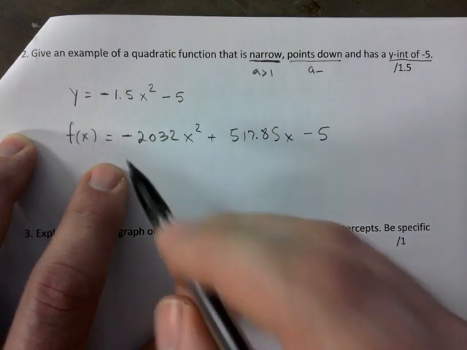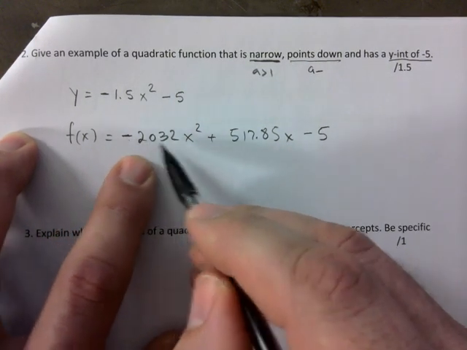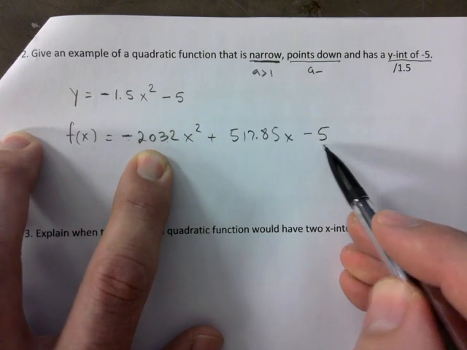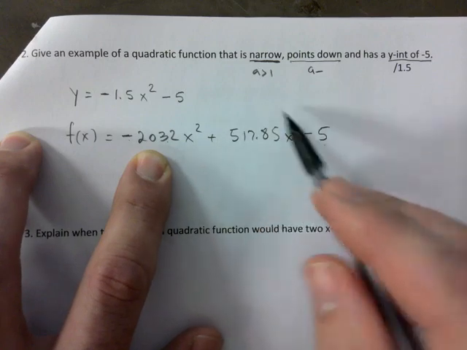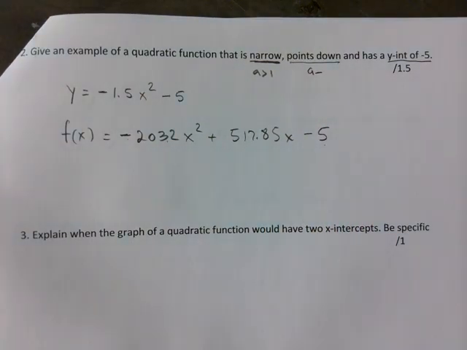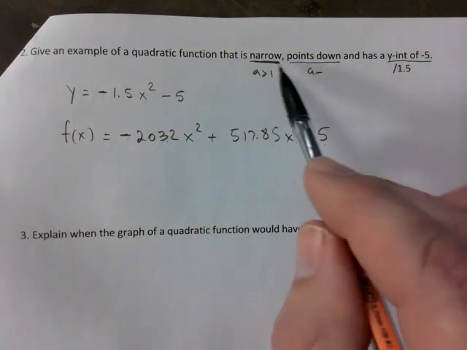It's still, the check boxes are there, negative, bigger than 1, and you have the -5 at the end. This doesn't affect it one bit. The x term in there, it does affect the graph, but it doesn't affect these requirements.